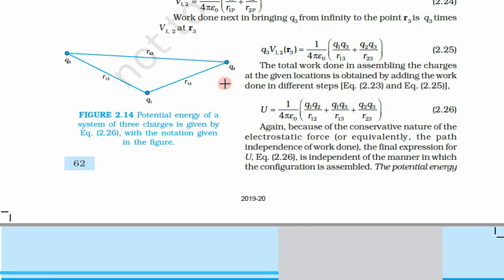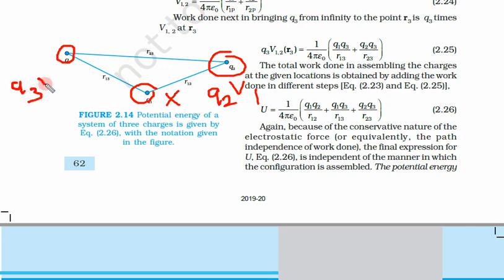How did we calculate? We first calculated the work done due to this charge, which was equal to 0. Then we took the potential due to this charge and brought this charge, so this was simply q2 v1. And in the third case, we brought this charge in the field of this q1 and q2, so the work done was q3 v1 plus q3 v2.